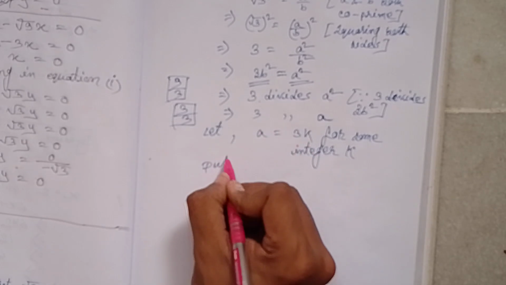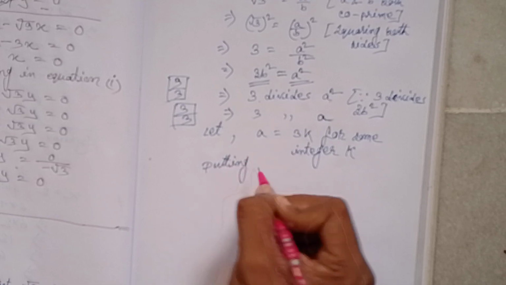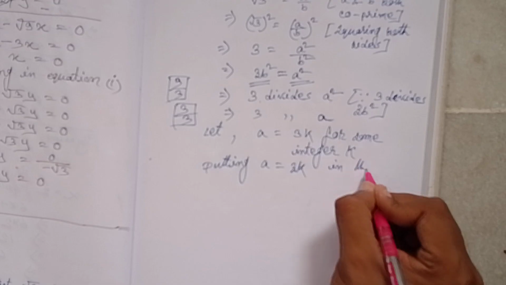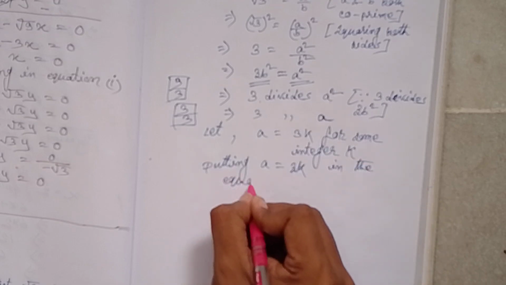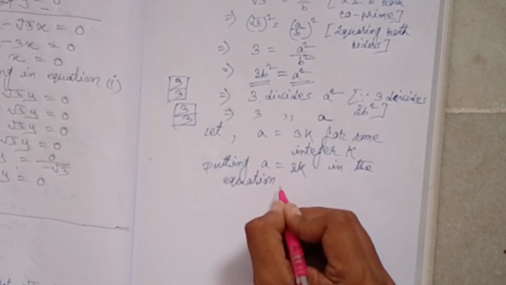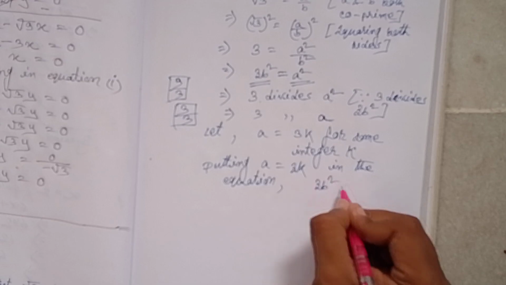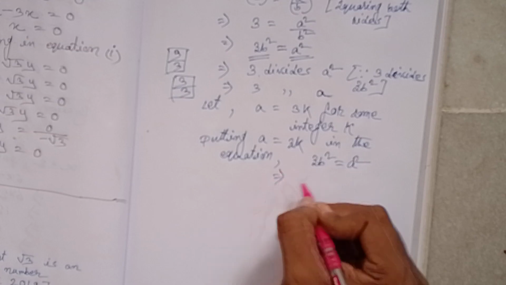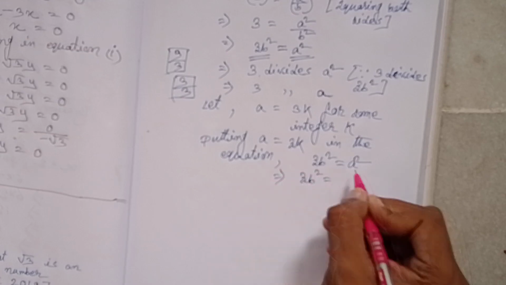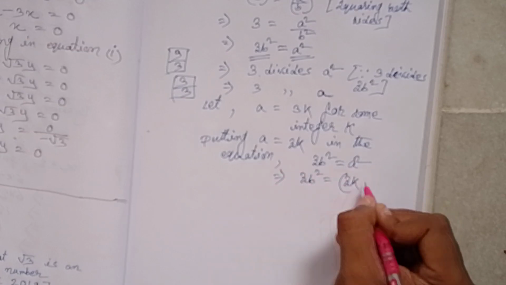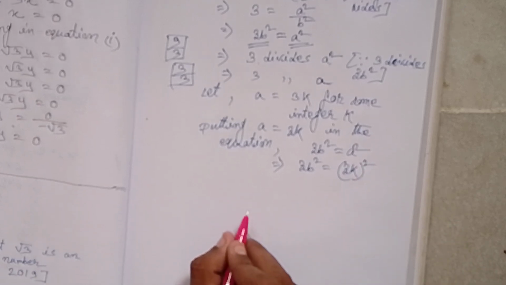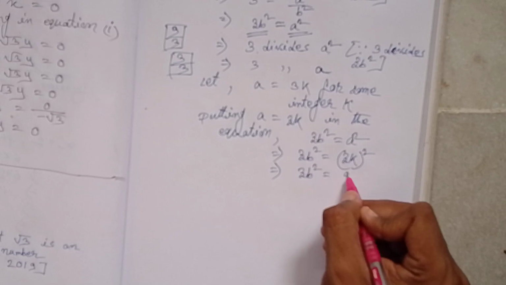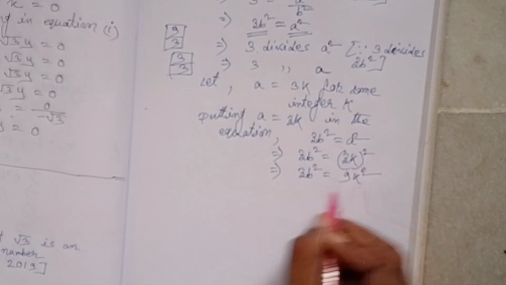Now I am putting a is equal to 3k in the equation 3b square is equal to a square. We can see if I place 3k in place of a, this becomes 3 square, that is 9, and k square.